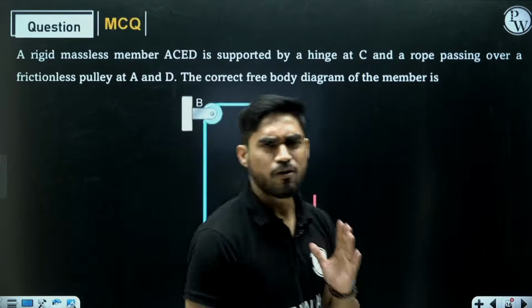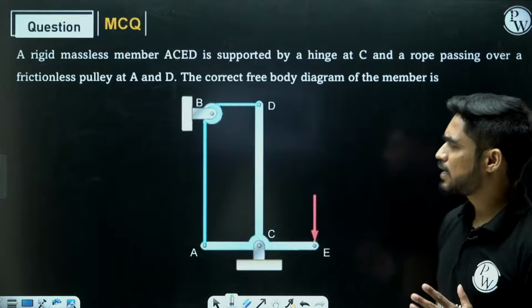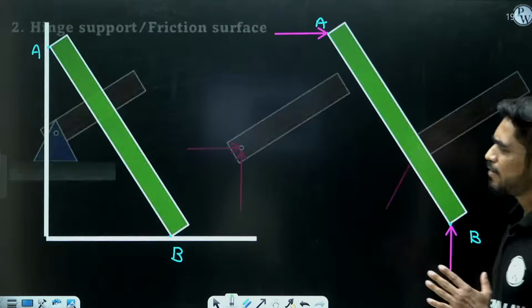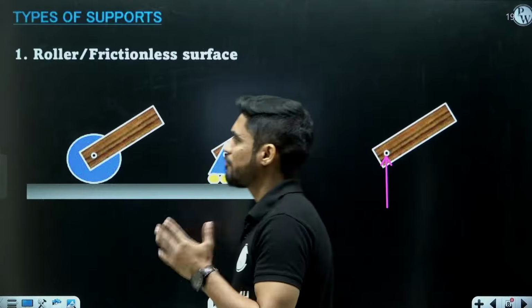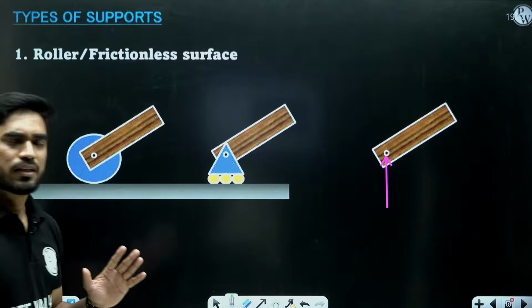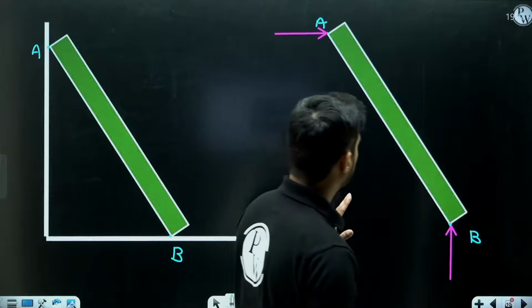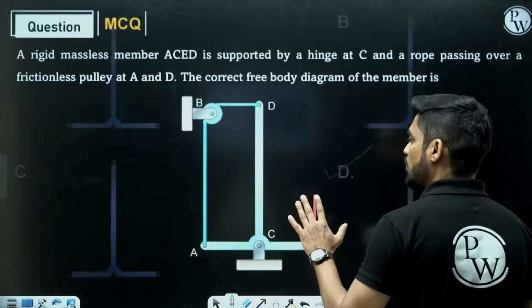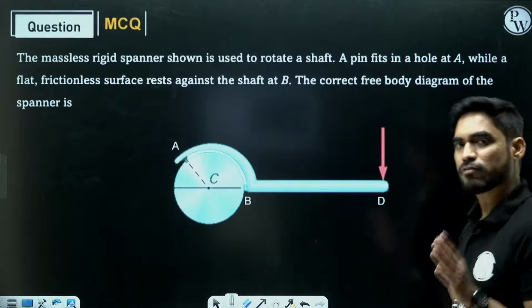So don't take a lot of pressure. I have seen students taking a lot of pressure just in the first chapter itself. Don't do that. Even if you are not able to solve these two problems correctly, don't worry.